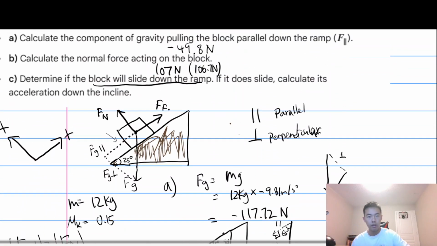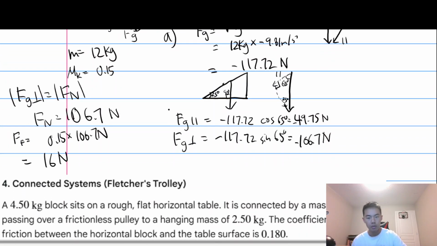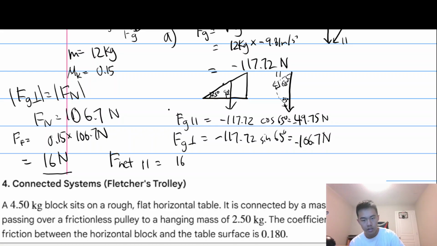Great, we found friction force. And now we just got to connect this with our other thing, because friction force is 16 newtons, and we want to find the net force on the parallel axis, which is equal to force of friction, 16 newtons, plus force of gravity on the parallel axis, which is negative 49.75.